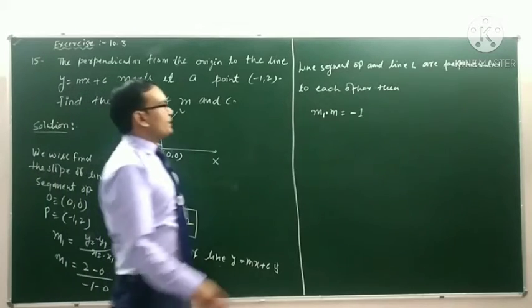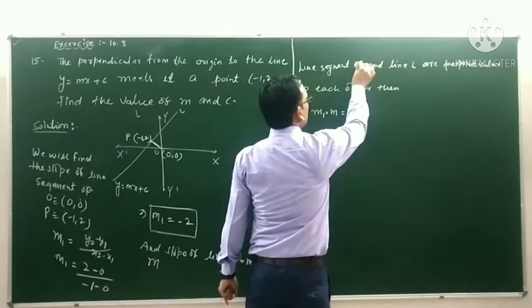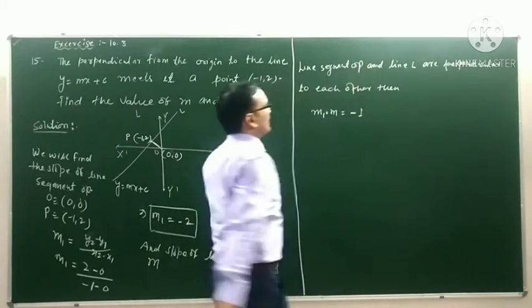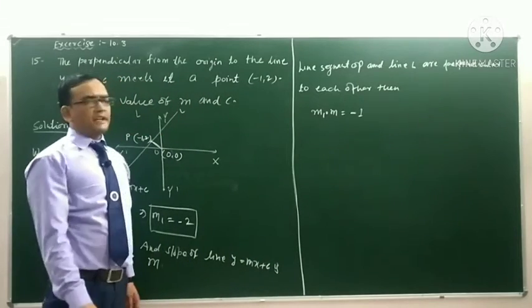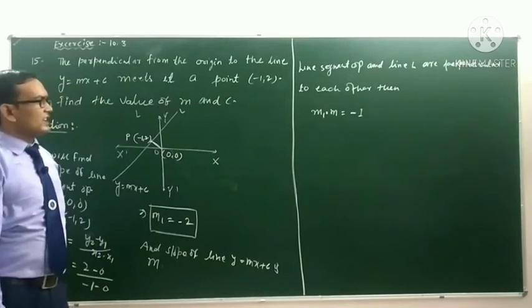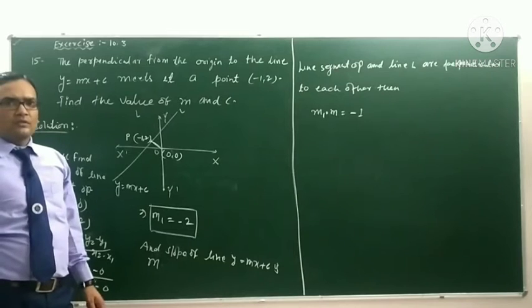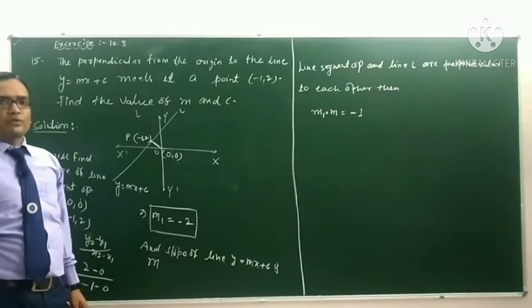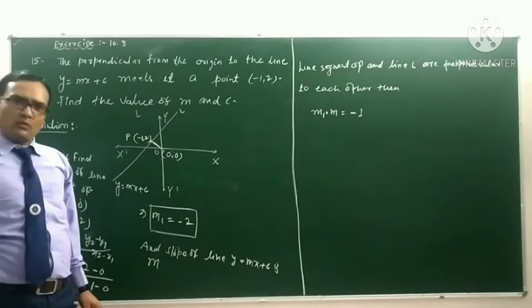Since the two lines are perpendicular, the product of their slopes is equal to minus 1.